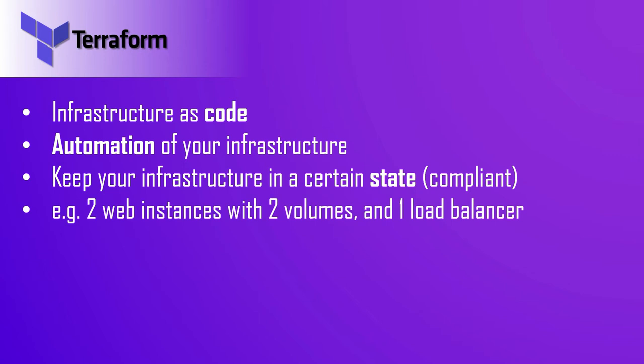So, for example, you have two web instances with 2 volumes and 1 load balancer. This is what you put in your code, and then Terraform will launch 2 web instances with 2 volumes and 1 load balancer. If one of those web instances gets deleted, then Terraform will make sure that whenever you run it next, a second web instance is spun up again to match the state of your infrastructure.